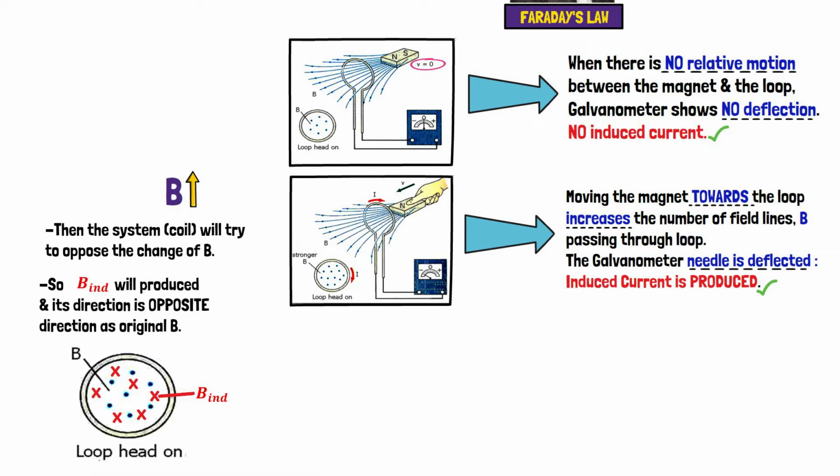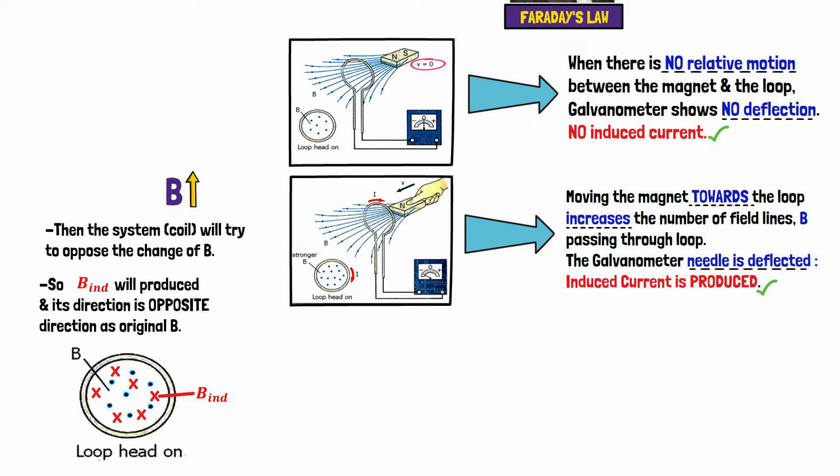Jadi, untuk kita tentukan direction of induced current, pertama sekali kita mesti tengok keadaan itu, B meningkat ataupun B menurun. Sekiranya B meningkat, direction of the induced magnetic field mesti bertentangan dengan arah original magnetic field. Kalau tadi original magnetic field yang color biru itu, iaitu out of the page, so induced magnetic field akan jadi into the page.